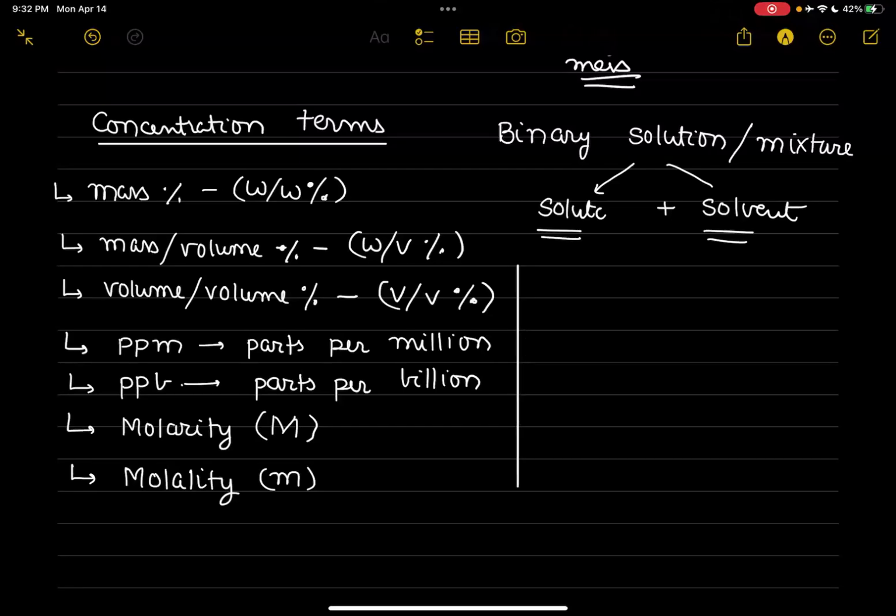There is also a mole fraction, and then normality is there.